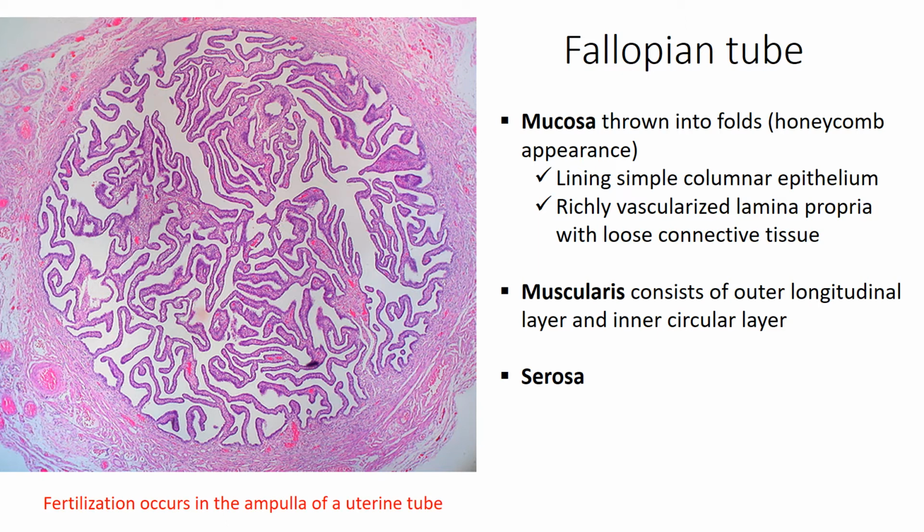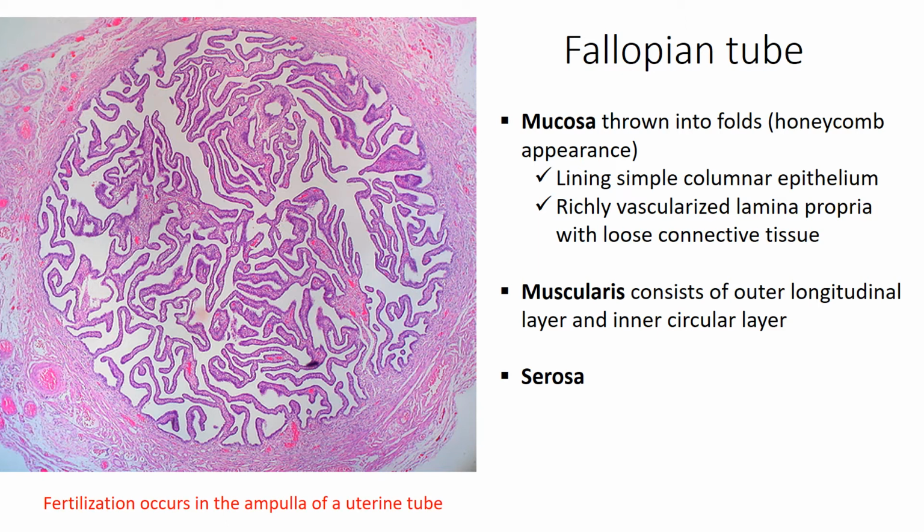So how does it occur? The lining epithelium is a simple columnar epithelium, and the core is a richly vascularized lamina propria with loose connective tissue, very richly vascular.